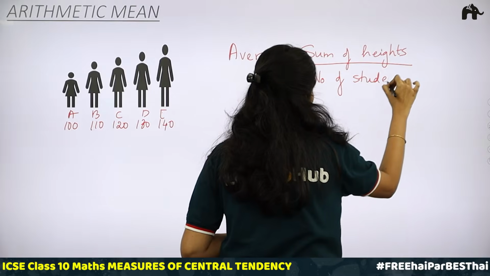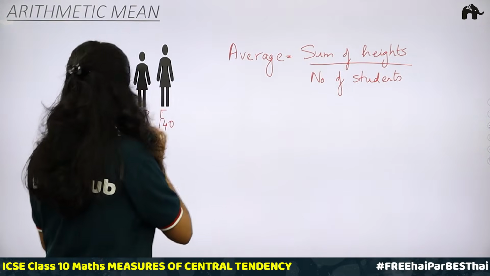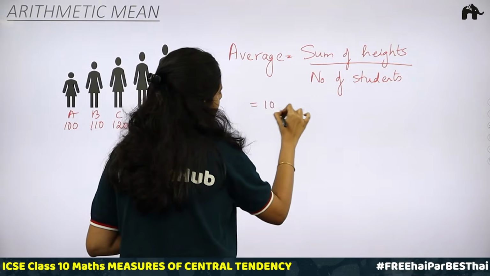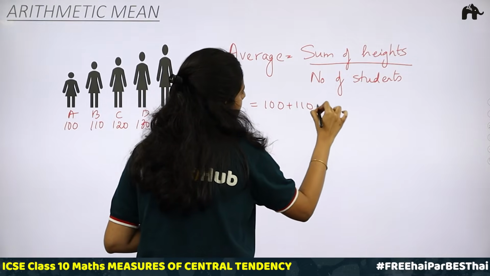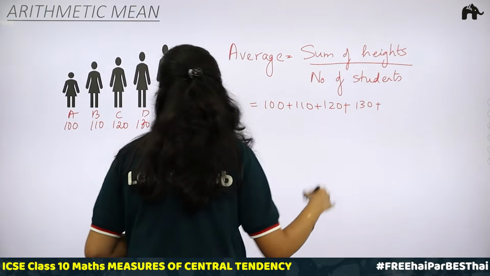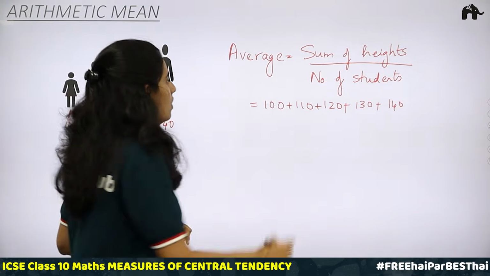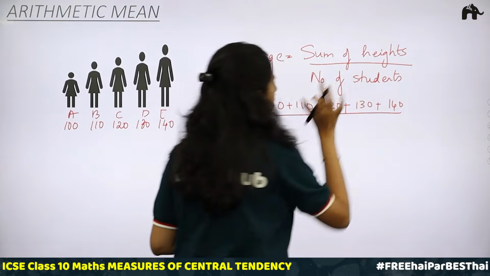So this is just a simple example. First we will have to take the sum of heights. Here we have 100, 110, 120, 130, 140.